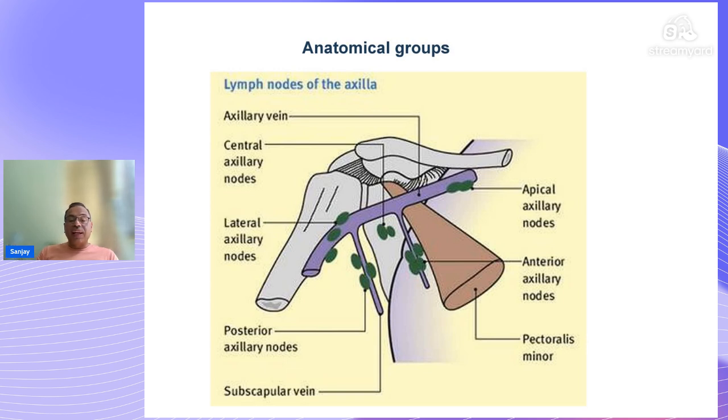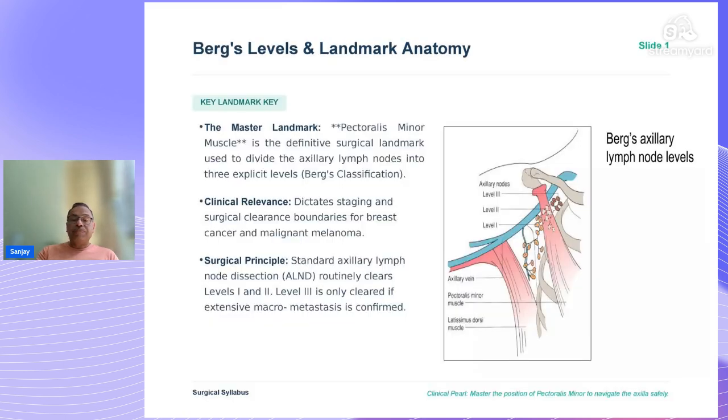So this is the anatomical grouping, but when you put it into clinical practice, it sometimes has limitations, because it would not tell you the prognostication of the patient with breast carcinoma, which a clinical level would be able to tell you. So for prognostication purposes, in clinical practice we normally use the clinical levels of lymph nodes, like in the cervical group also we use clinical levels.